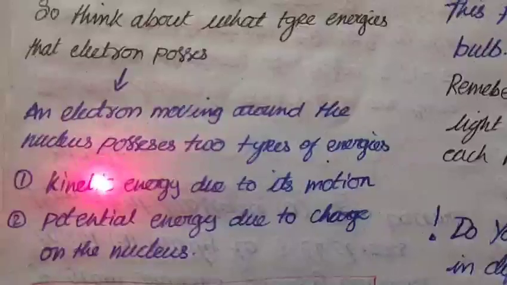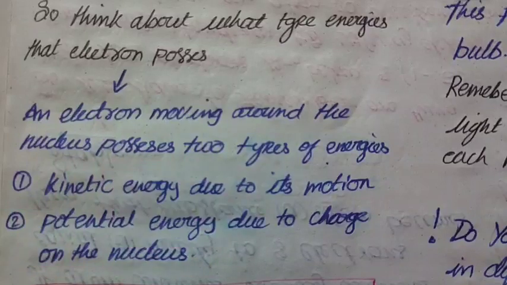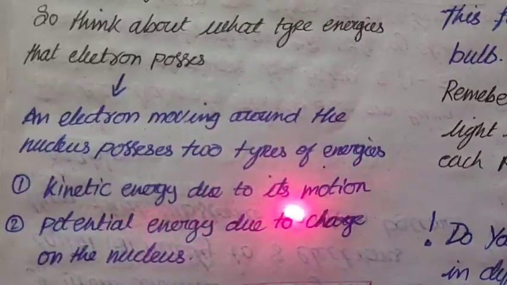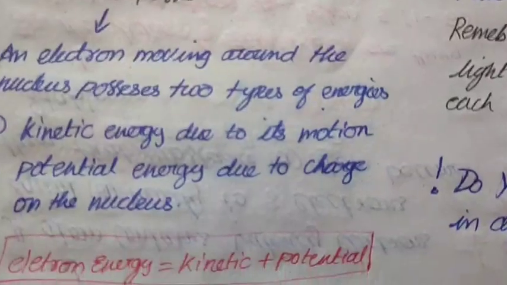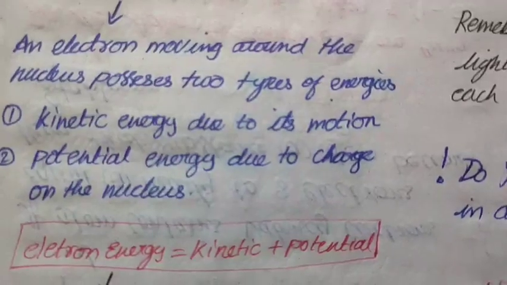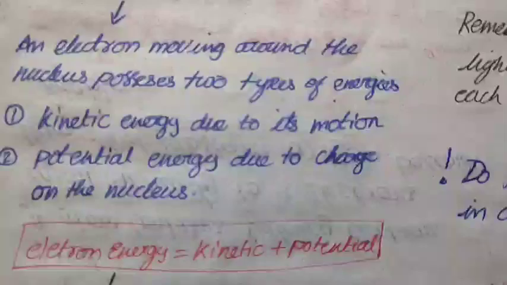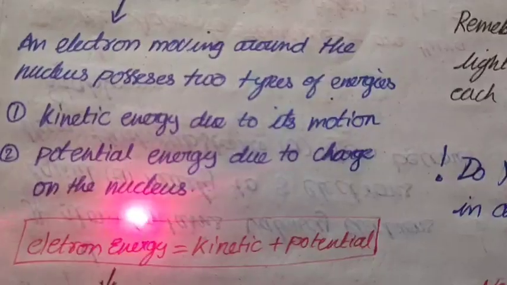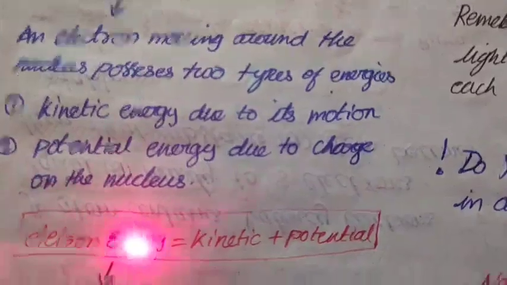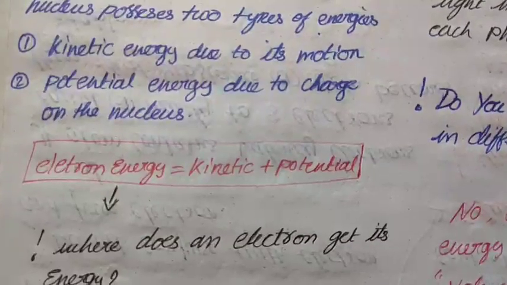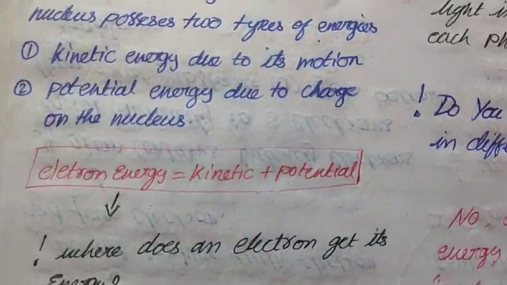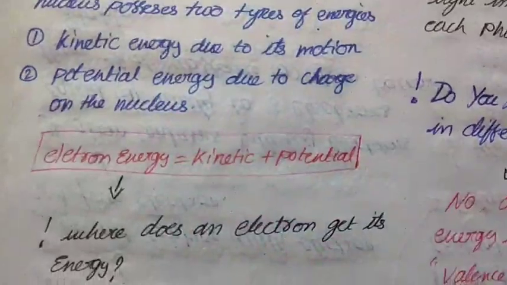One is kinetic energy, which is caused due to its motion, and another is potential energy due to the charge on the nucleus. So the electron has a combination of two energies, kinetic plus potential.